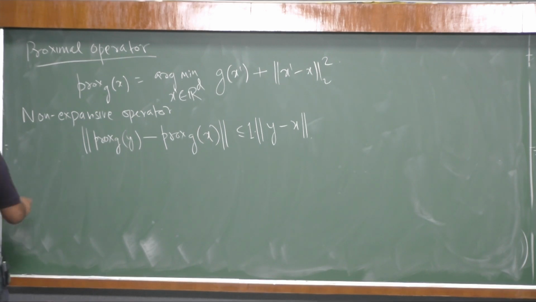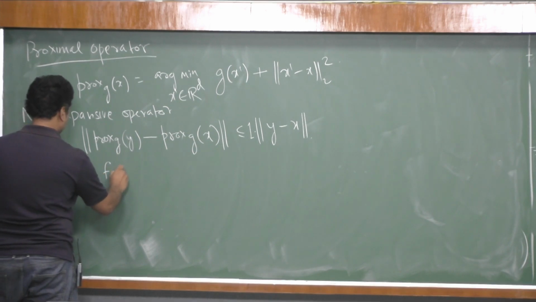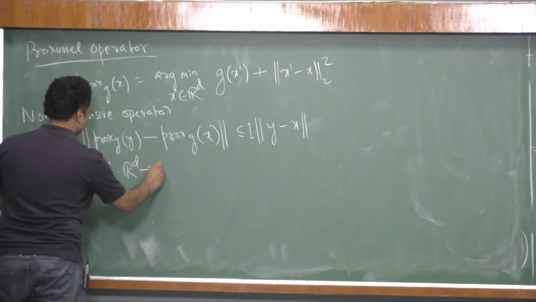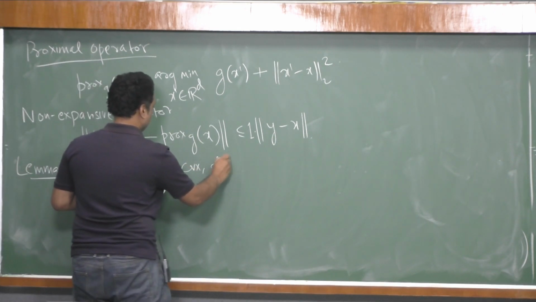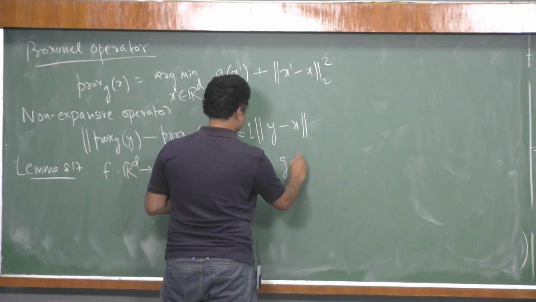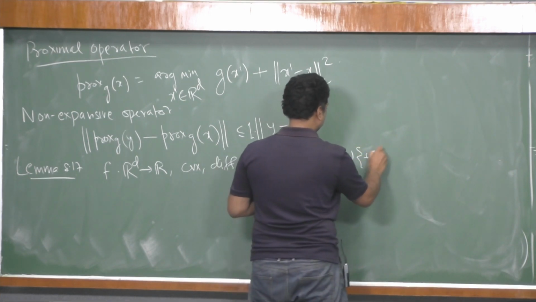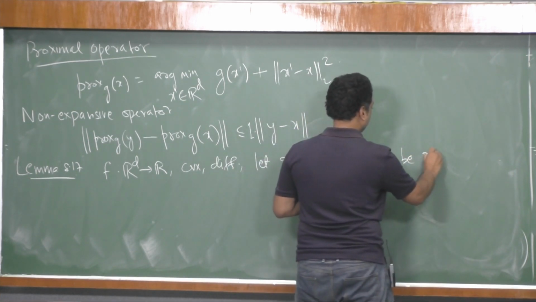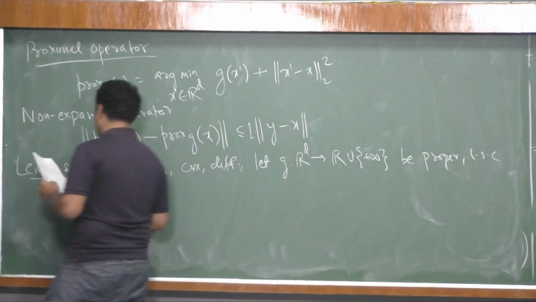Then we have Lemma 8.17, and this says: let f from R^d to R be convex and differentiable, and let g from R^d to R union plus infinity be proper, LSC (lower semi-continuous), and convex.